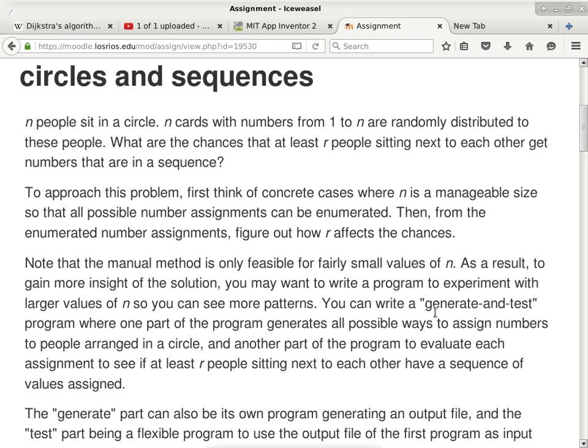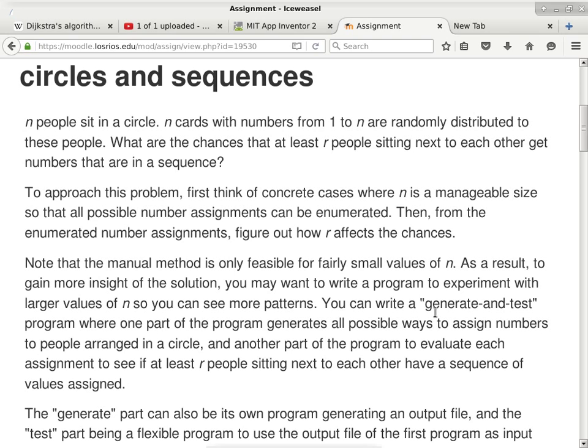The question is, what are the chances at least r people, r is a number, sitting next to each other get numbers that are in a sequence? So in this case, we have the longest sequence is 4, 5, 6, which is a sequence of 3 numbers. So when r is 3, then we have exactly 1 occurrence.